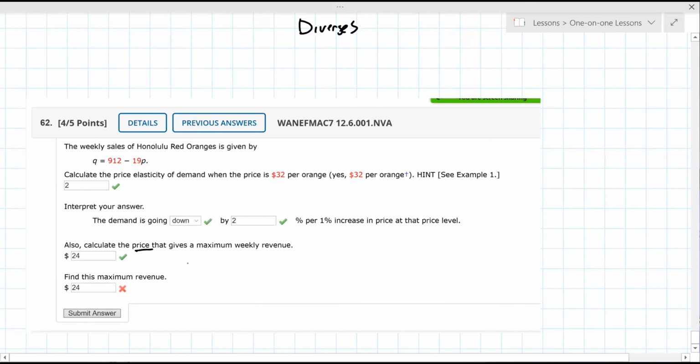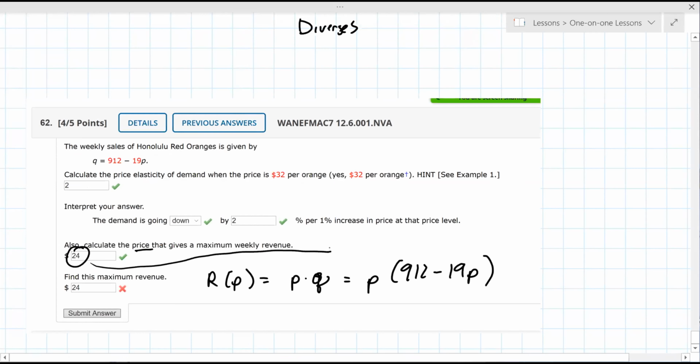This is the price that gives the maximum revenue. Revenue is price times quantity, so it's price times 912 minus 19p. So when you take this price and plug it in here and here, that's where you get your maximum revenue.